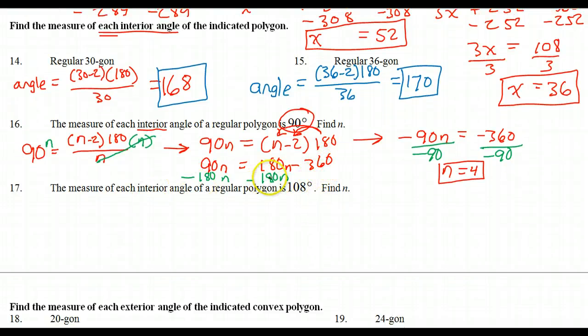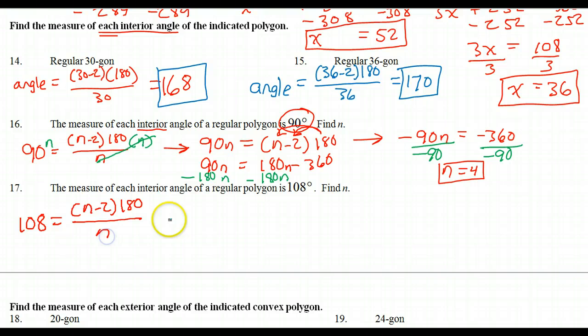So I could do this the same exact way, but I also want to show you how you could do it on your calculator. I could set this up the same way by doing 108 equals n minus 2 times 180 divided by n, and I could solve this the same way, but this time I'm going to show it to you on your graphing calculator.